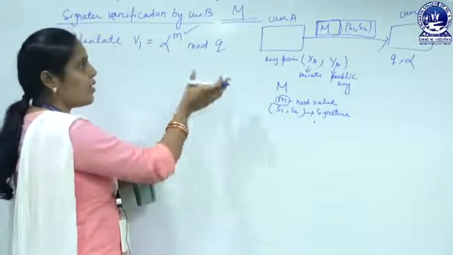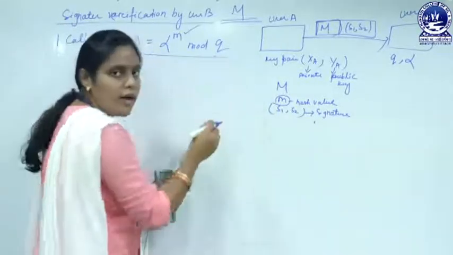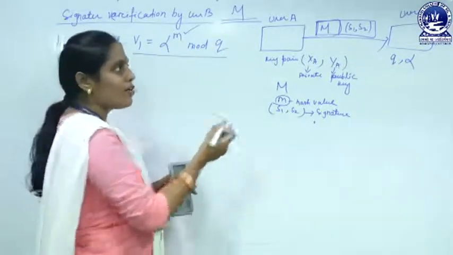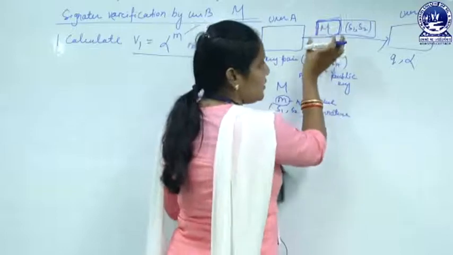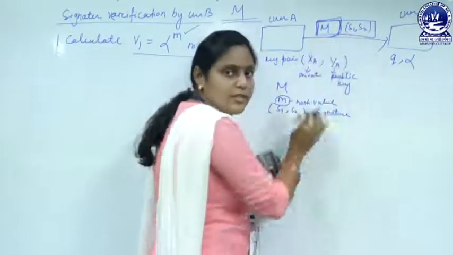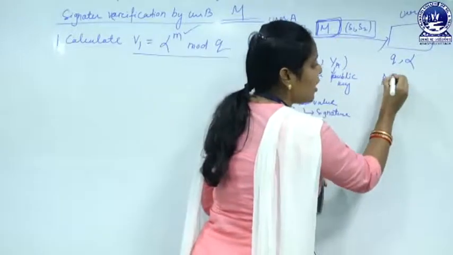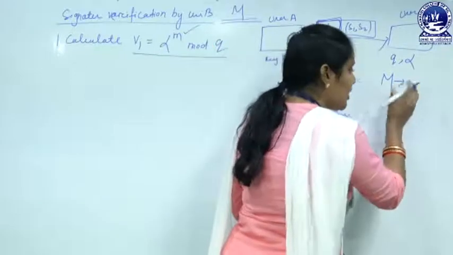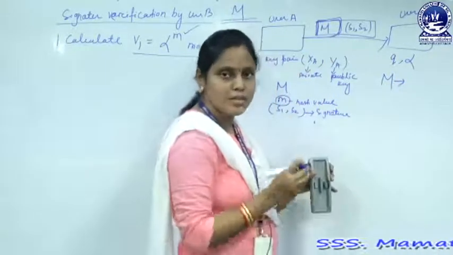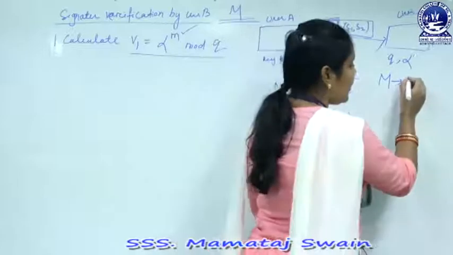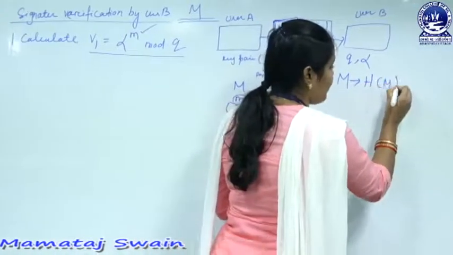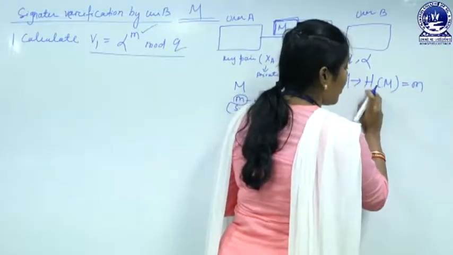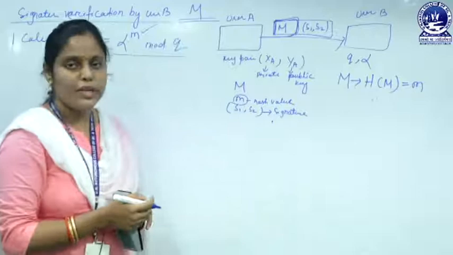When the user B calculates this V1, first of all it calculates the hash value from the original message. That means when the user B receives this message, it takes the original message M and applies the hash function to calculate the hash value. That means it calculates h of M, which is equal to small m, that is our hash value or message digest.